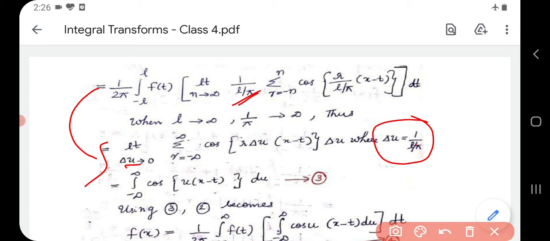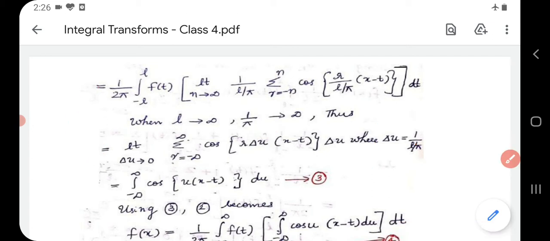So limit delta u tending to 0 sigma from r from minus infinity to plus infinity cos of r delta u x minus t delta u, where delta u is 1 by l by pi. Now finally the expression reduces to equation 3, which is integral from minus infinity to plus infinity cos of u x minus t du. Now just use equation 3 in equation 2.